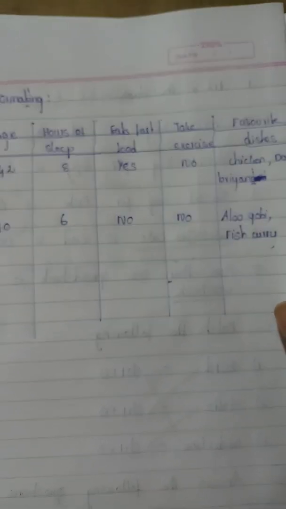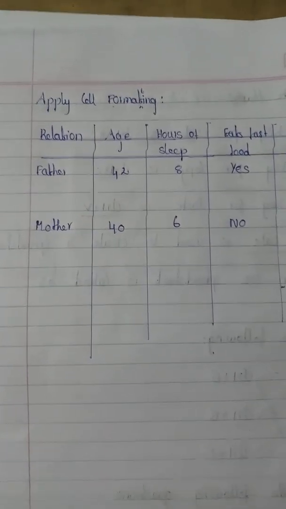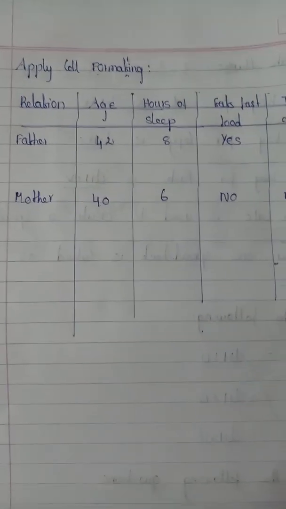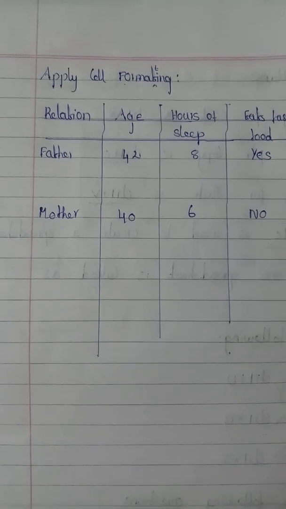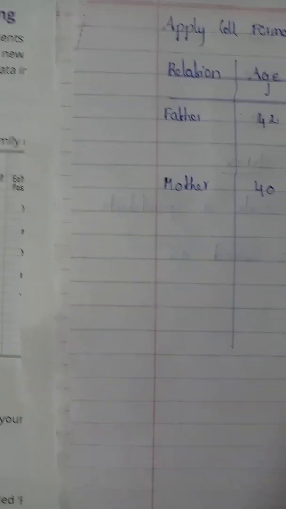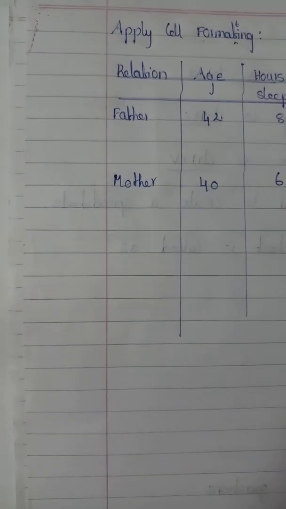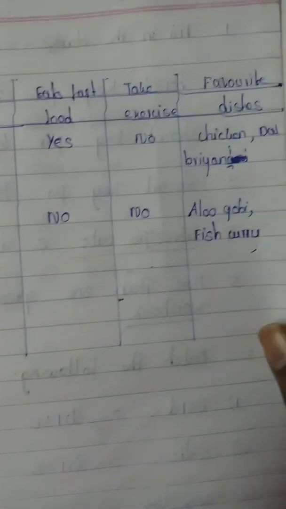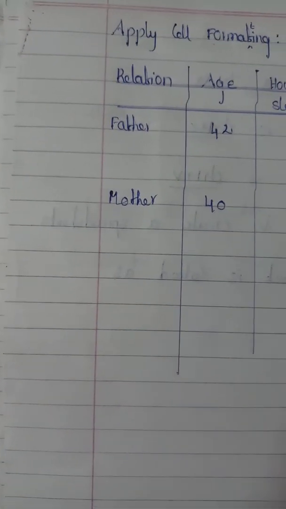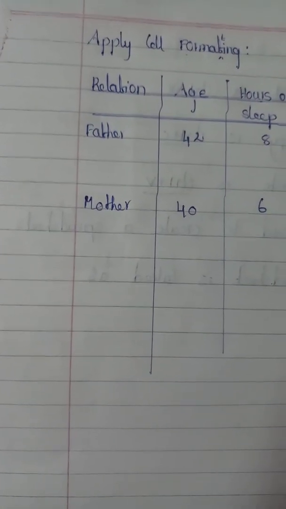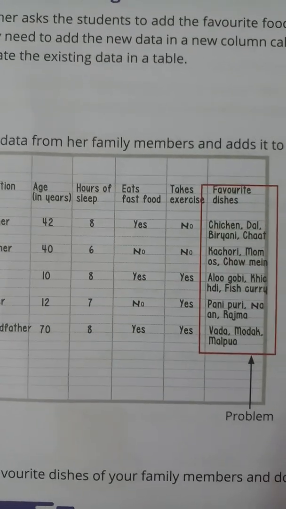So here we need to add the favorite dishes of our father, mother, self, sister, and then grandfather, like this.